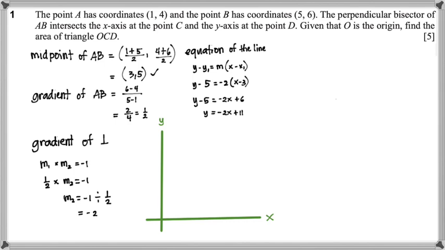So maybe you can have 1, 2, 3, 4, 5, 6, 7 on the x-axis, and we can end there.